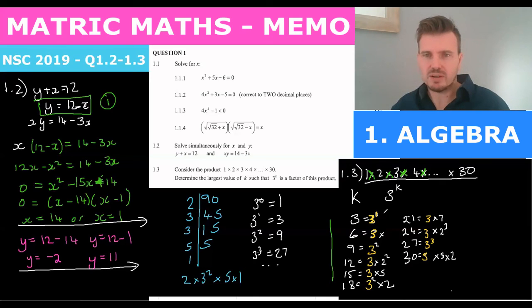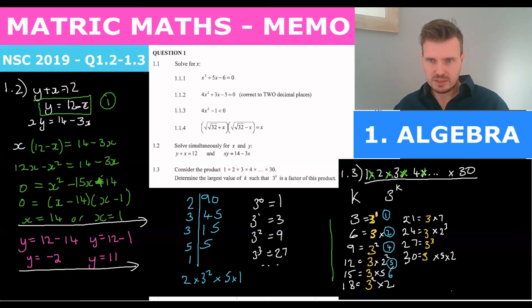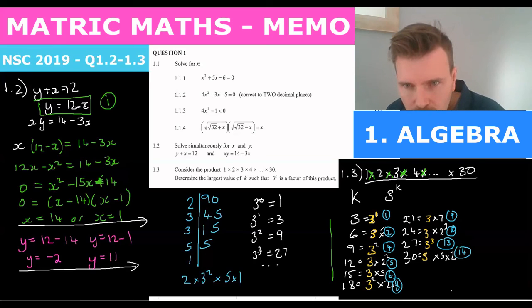So all I need to do now is count how many times I multiplied 3. So I'm going to do that in a different color. We had 1 here, 2, another 2 here, so it became 4, 5, 6, 8, 9, 10, 13, and 14.